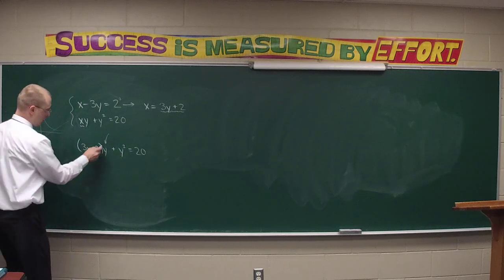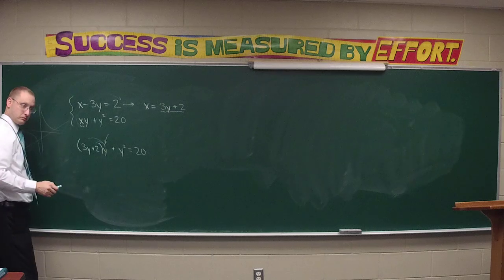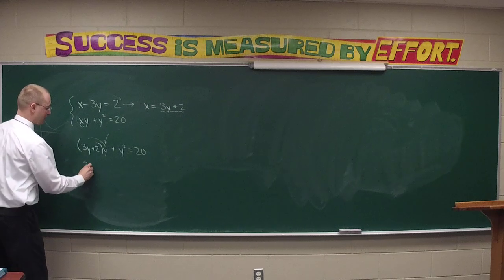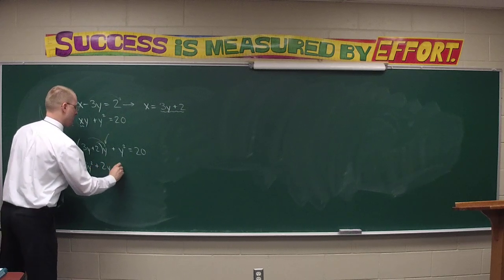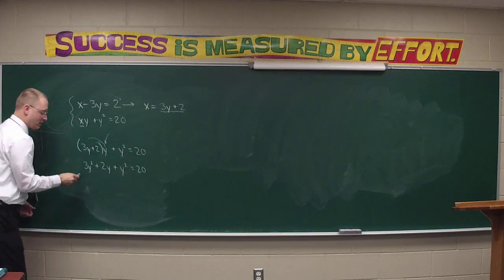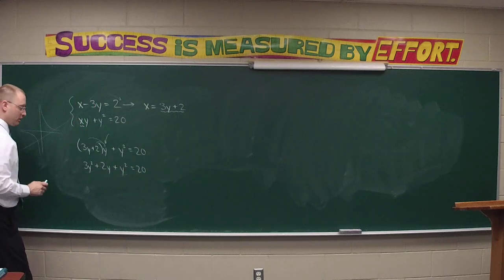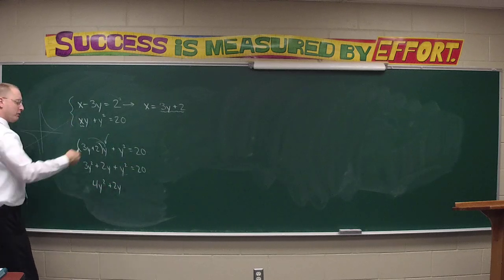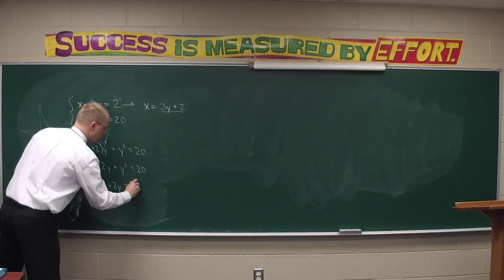Distribute. There we go. So when we distribute, we get 3y squared plus 2y. And of course we can combine like terms here, Maddie. And let's also bring the 20 over so it all equals 0.